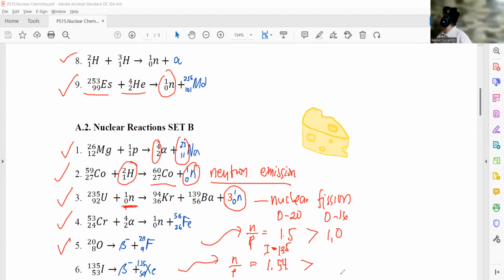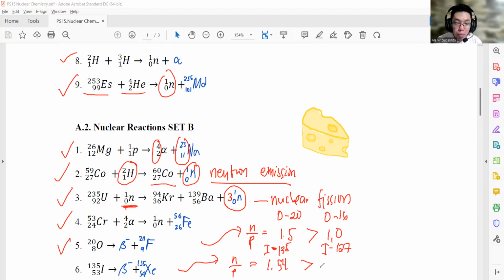Ang normal na iodine atom ay 127. Anong neutron-proton ratio? For iodine 127, 1.39 po.